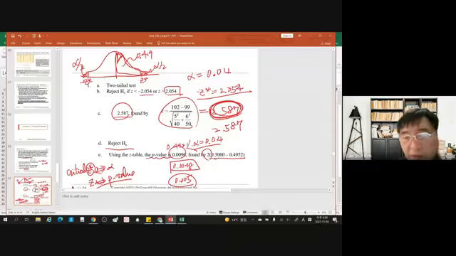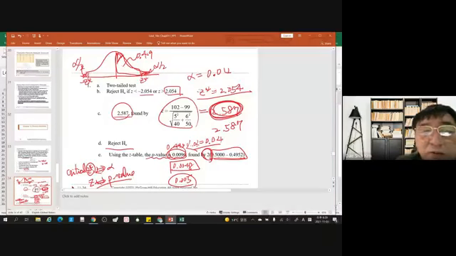And then subtract this one, and for a two-tail problem, multiply by 2, and you will have this one. So this value, we calculate this one.